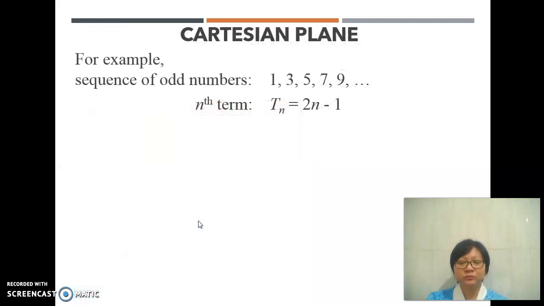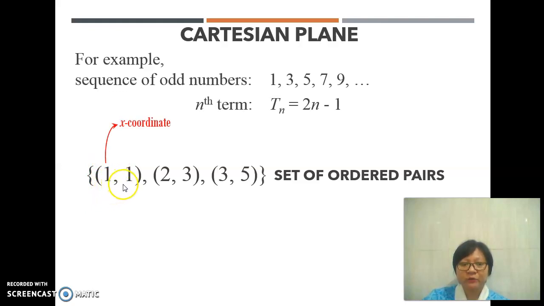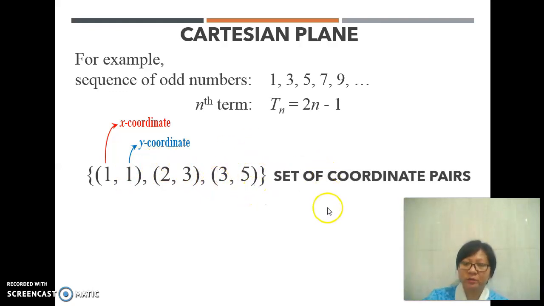Okay. So, an example in the Cartesian plane. I'm using a sequence again, and I'm going to use the set of ordered pairs here. In the Cartesian plane, the ordered pair starts with the x-coordinate, followed by the y-coordinate. So let's change the name into a set of coordinate pairs.